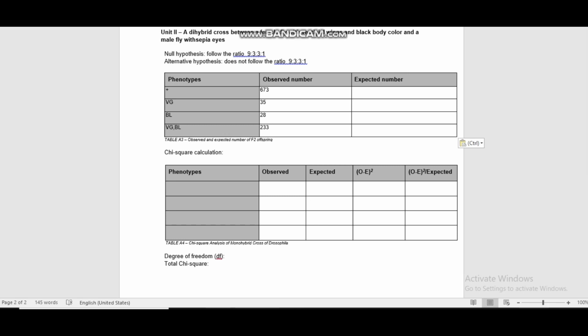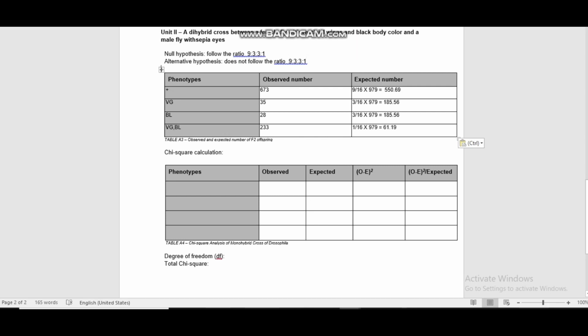Next, we will calculate for the expected number. So after calculate, this is our expected number. So 9 divided by 16, because 9 plus 3 plus 3 and plus 1 is equal to 16.